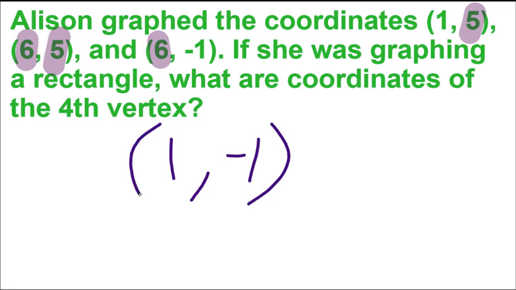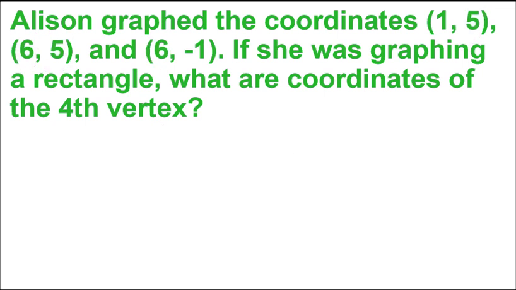And that's the answer. Okay? If we drew the rectangle, it'd have to match the x values with the first point, which it does. It'd have to match the y values with the 3rd point, which it does. Any questions on that one? As I said, to me, the matching's the easiest way. It was quicker than making a graph, too.